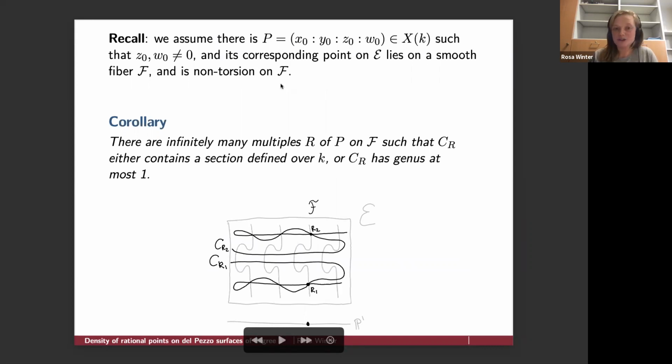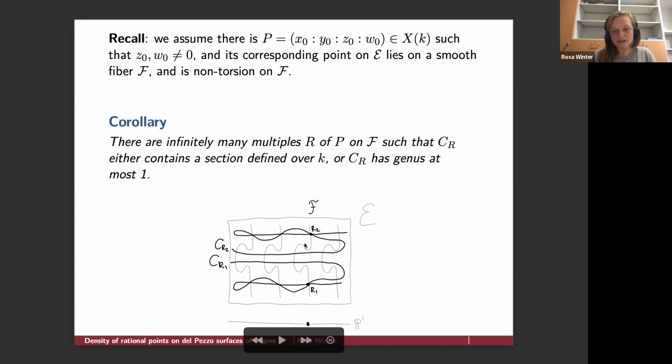Because this point is non-torsion on this fiber, we have infinitely many rational points on this fiber. And therefore there are infinitely many multiples of this point such that the 3-section either contains a section defined over K or has genus at most 1. So I just eliminate one condition from the previous proposition.